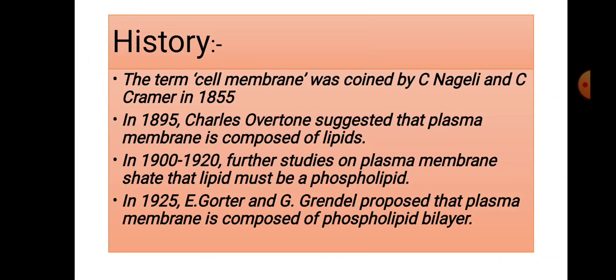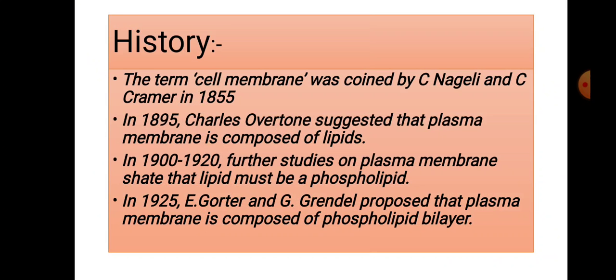History: The term cell membrane was coined by C. Nageli and C. Kramer in 1855. In 1895, Charles Overton suggested that the plasma membrane is composed of lipid.